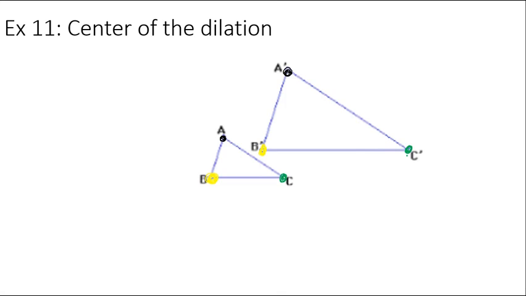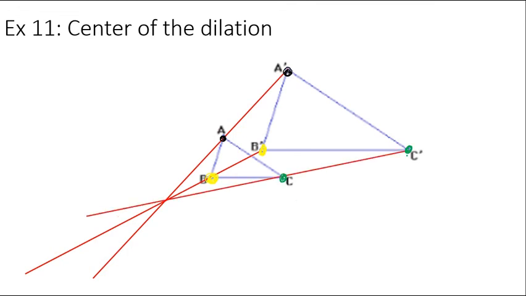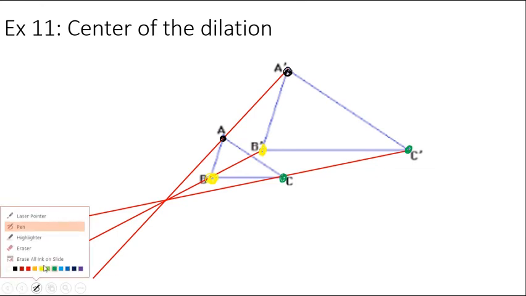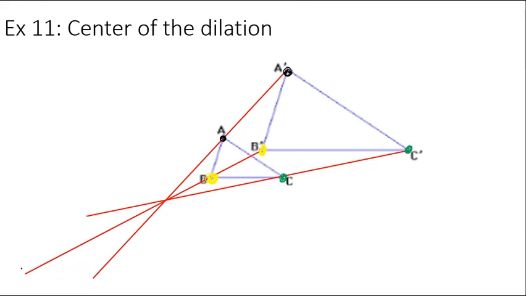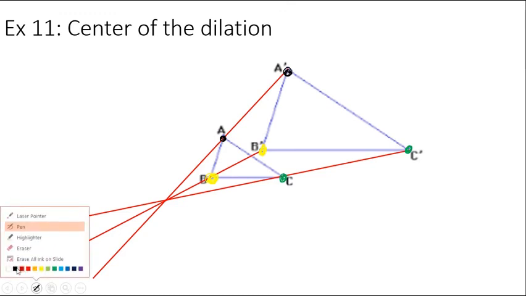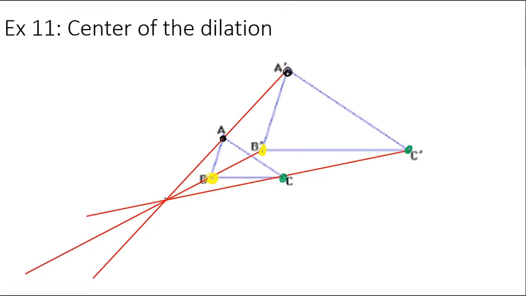So the way you find the center is just connect the corresponding points with a straight line. So I'll connect A and A prime together, B and B prime together, and C prime and C together. And where all three of them meet, that's my center. So I'm going to say that this point right here is my center of dilation.